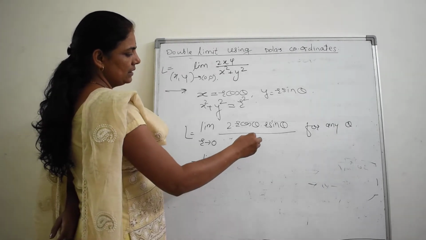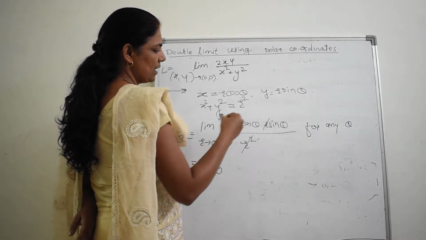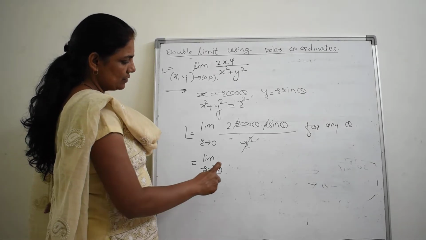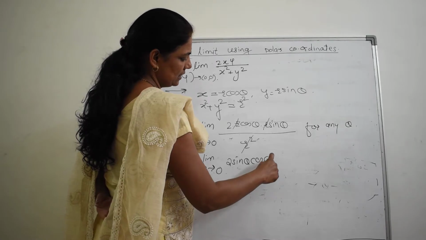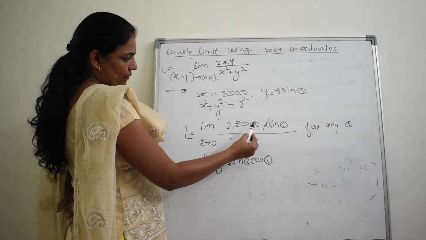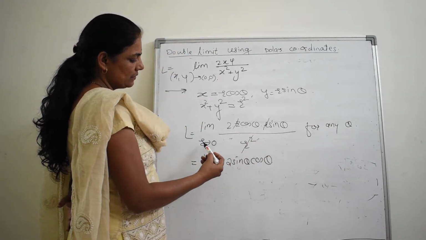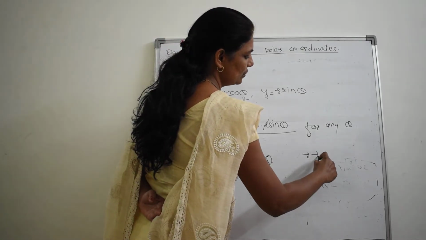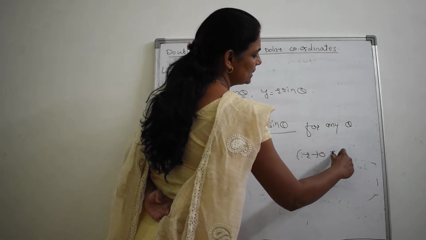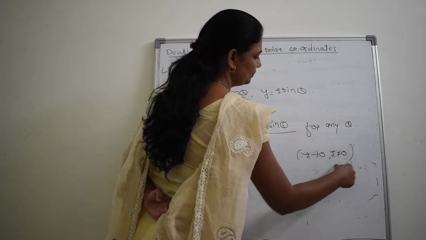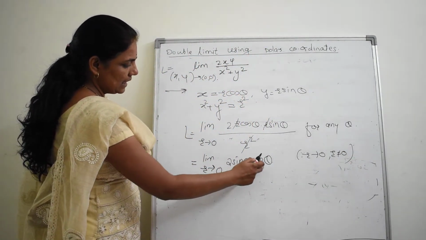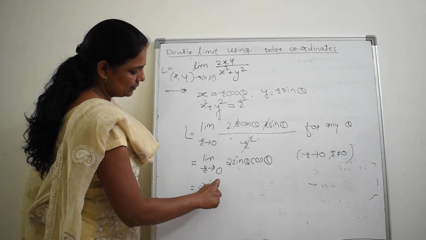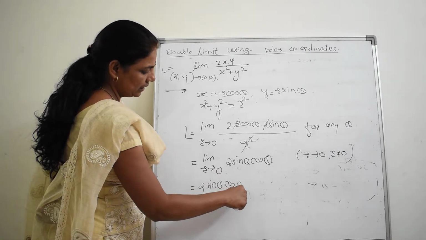Here this r square gets cancelled with this r square, and the remaining is 2 sin theta cos theta. We cancel r square because r tends to 0, so it is not exactly equal to 0. And 2 sin theta cos theta stays as it is because it is independent of r.